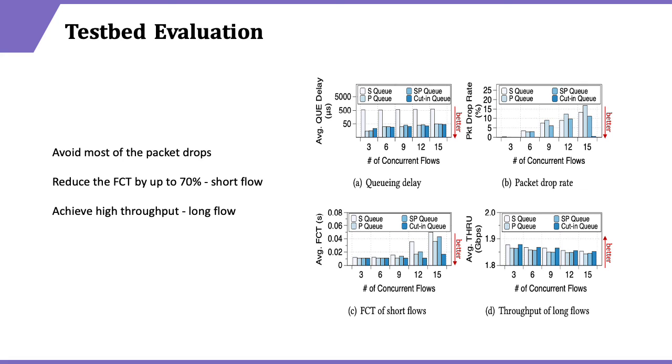In contrast, CQ reduces the queuing delay of short flows by bypassing the in-queued long flow packets, while successfully avoiding most of the packet drops because it can inject the in-queued packets and utilize the whole buffer, reducing the flow completion time by up to 70% compared with other schemes as shown in Figure C.